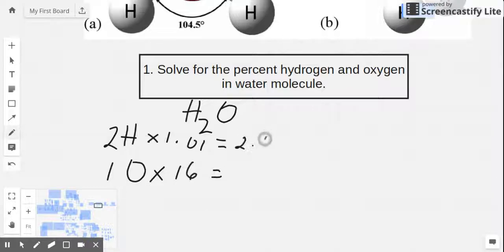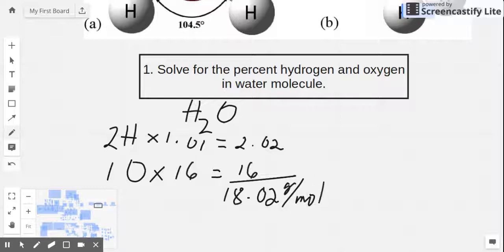For hydrogen, 2 times 1.01, you get 2.02. For oxygen, it's 1 times 16, so that's just 16. So we have a total of 18.02 grams per mole. This is the molar mass of your water molecule, what we call the total mass of your compound.